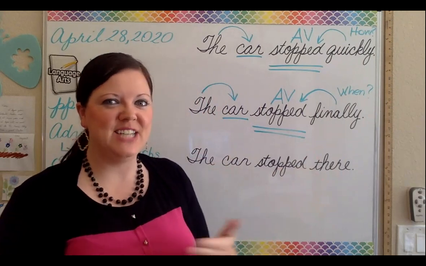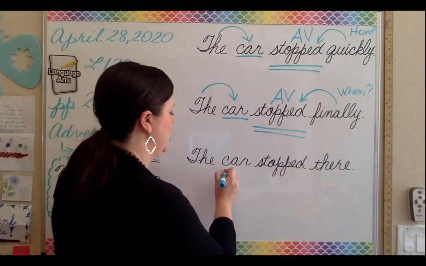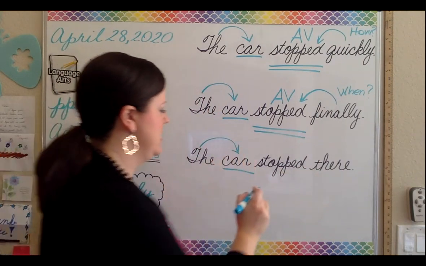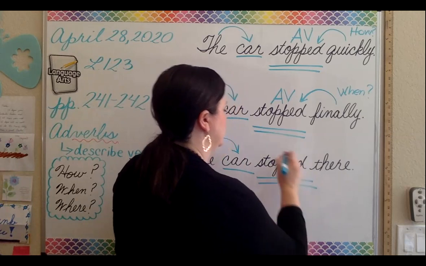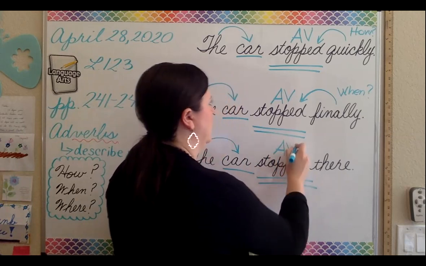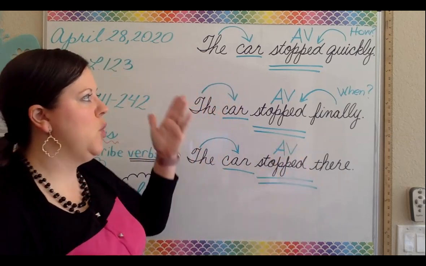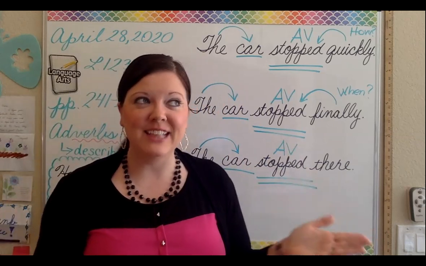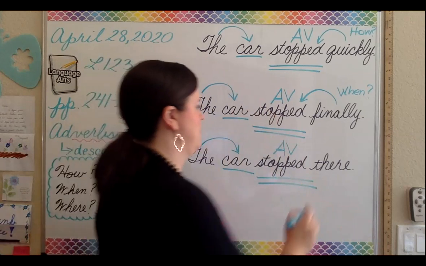Who or what is the entire sentence about? Car. Which car? The car. What is the car doing? It stopped. Stopped is our action verb. How did it stop? When did it stop? Where did it stop? It stopped there.